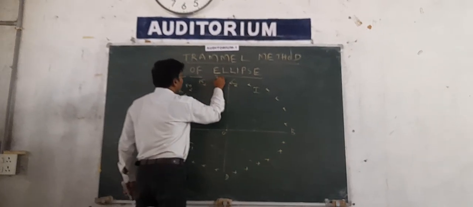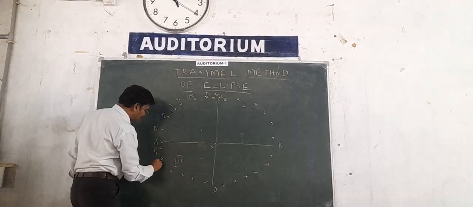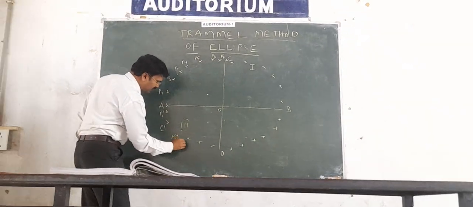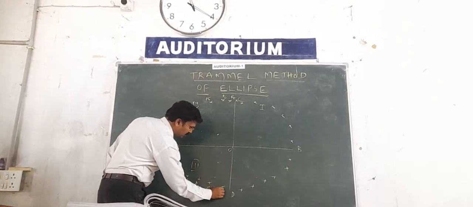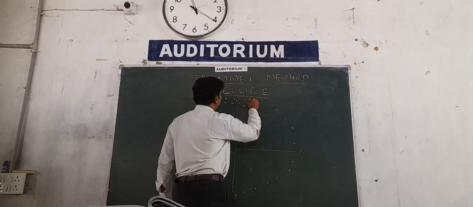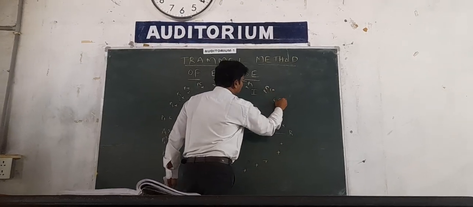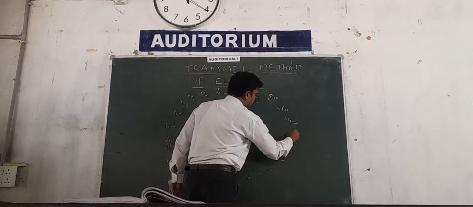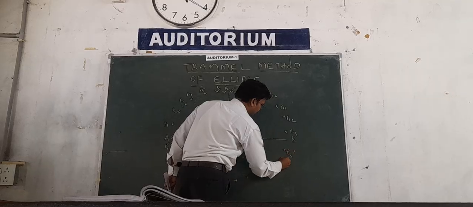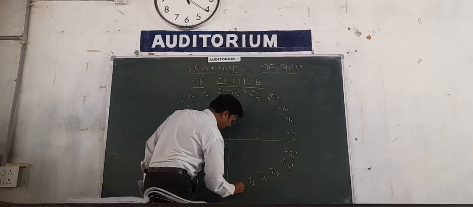The first points are P1, P2, P3, P4, P5, P6, P7, again P1 dash, P2 dash, P3 dash, P4 dash, P5 dash, P6 dash, like that. Next again P8, P9, P10, P11, P12, and so on, then dashed points, up to P16, 17, 18.